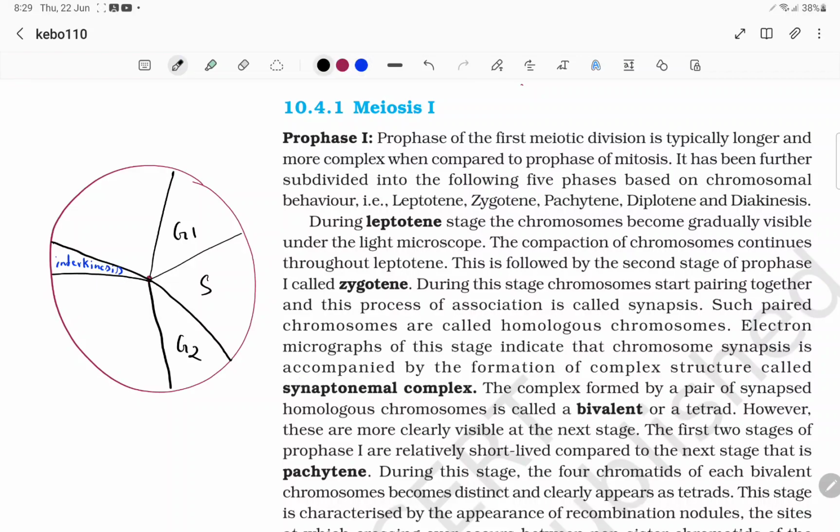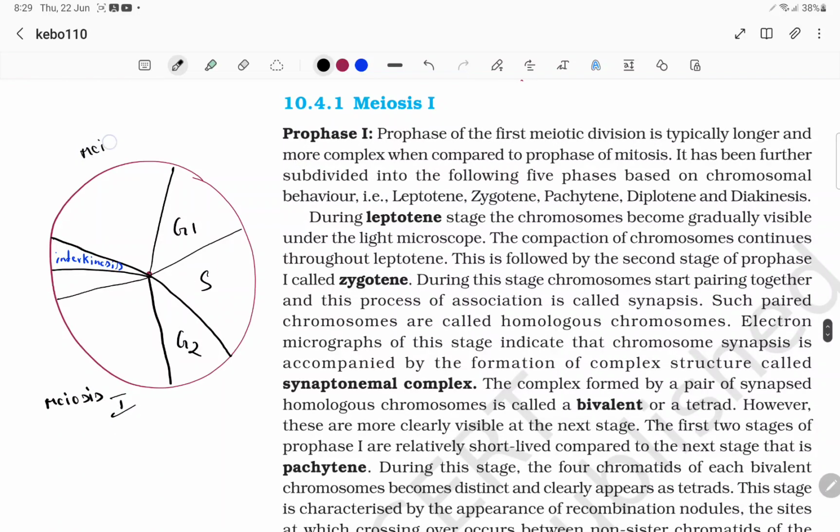Now let's see, this is meiosis 1 and this is meiosis 2. In meiosis 1, we have the M phase as well as cytokinesis.